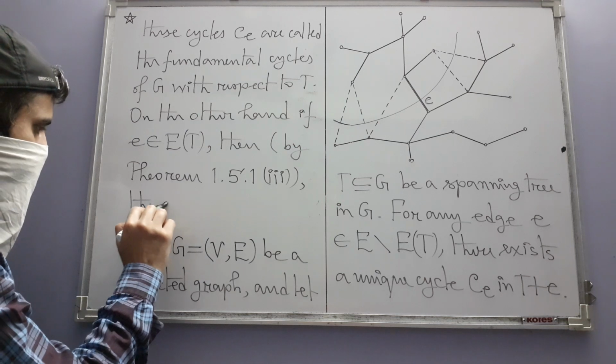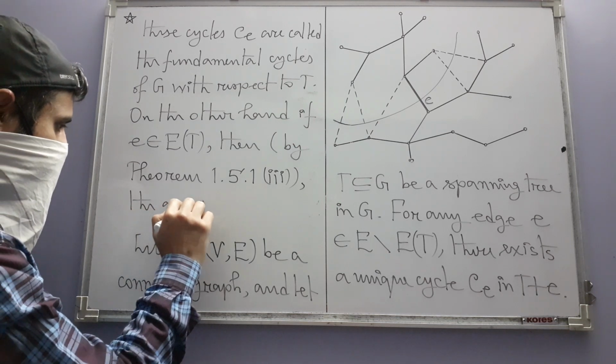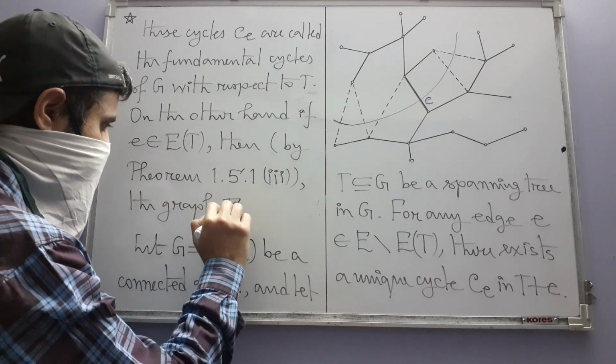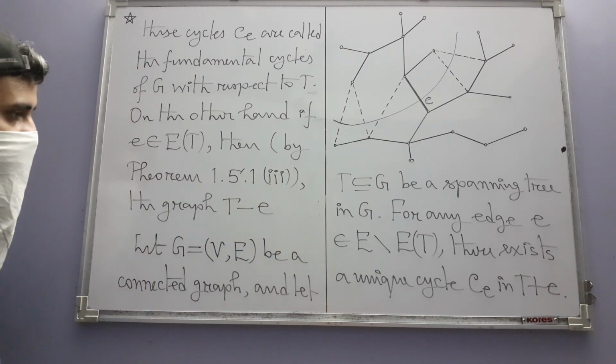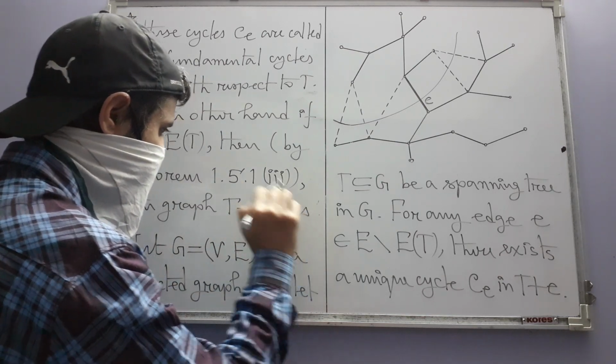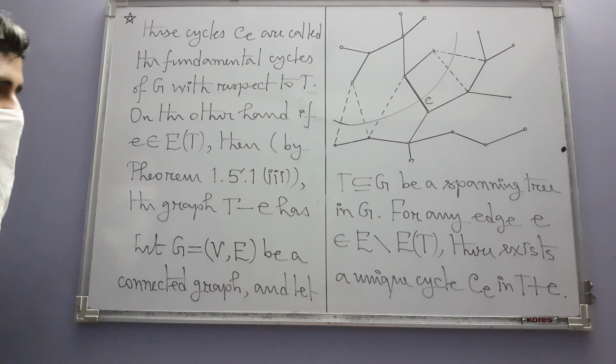The graph T minus e has exactly two components.